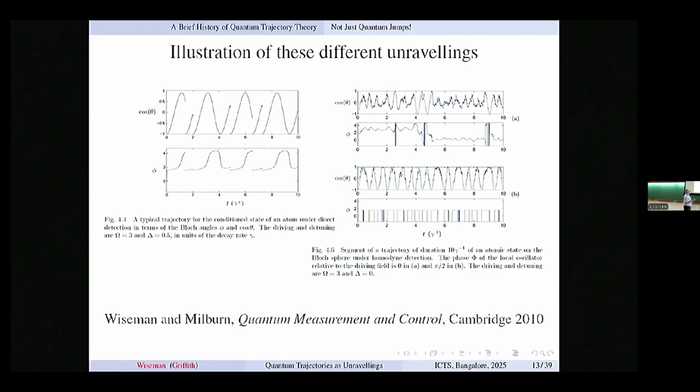You might think it looks like there are jumps happening in the phase, but that's just because whenever you go through the North Pole or the South Pole, your phase is undefined, so it can go in with one phase and come out with a different phase. That's the reason that it looks like there are jumps happening here. But if you look, they're only when it's either at the ground or excited state. Okay. And by the way, I'm happy to take questions during the talk, in case that wasn't clear.